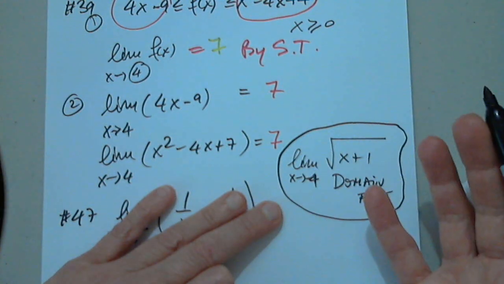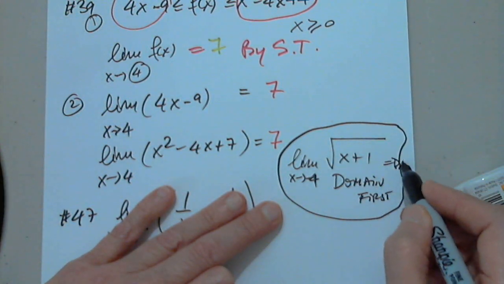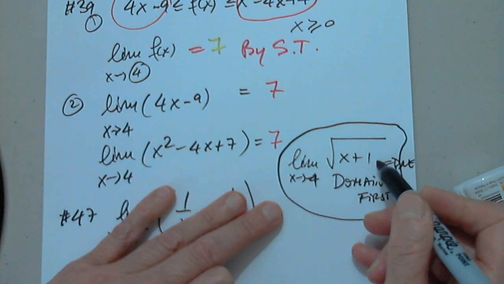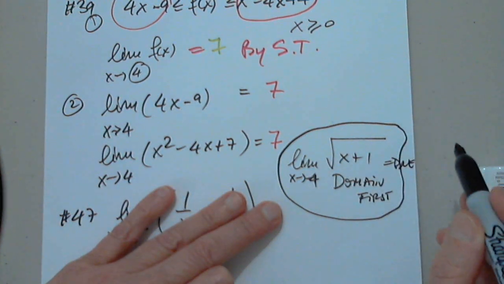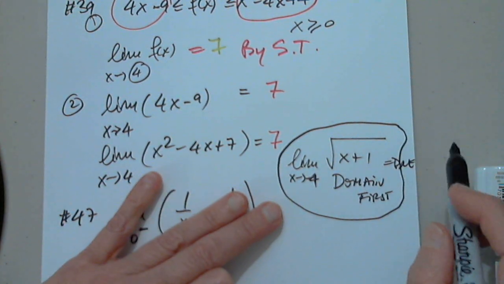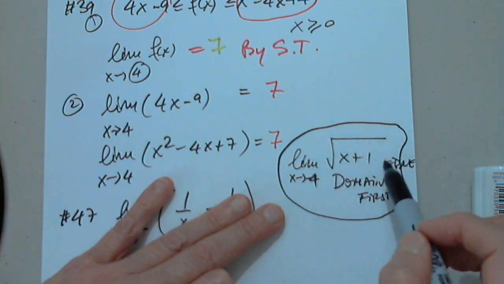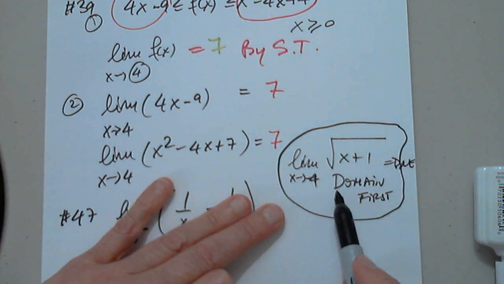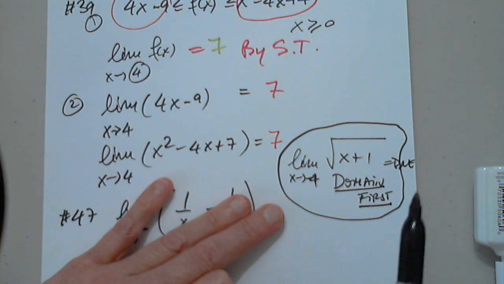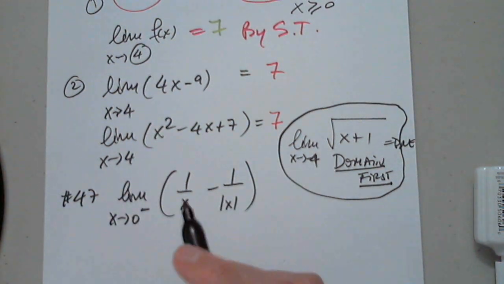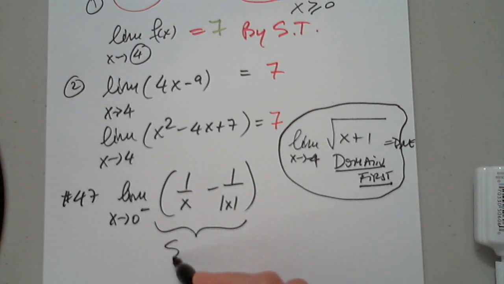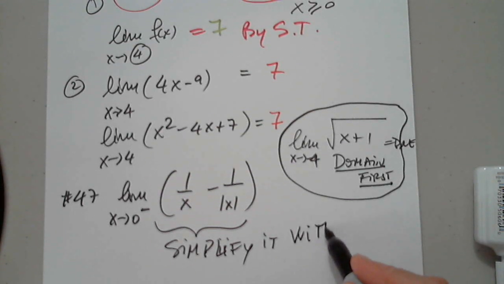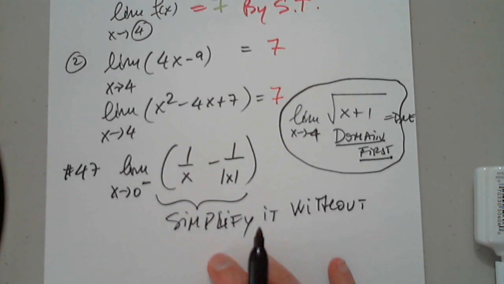Yes, you can say, but I can already see this is DNE, because when you plug in -4, plus 1 is -3, the square root does not exist. It's not a real number. True, but every time we have single square roots like this one, we have to find the domain first. Here, for such a function, we have to simplify it without absolute value first.